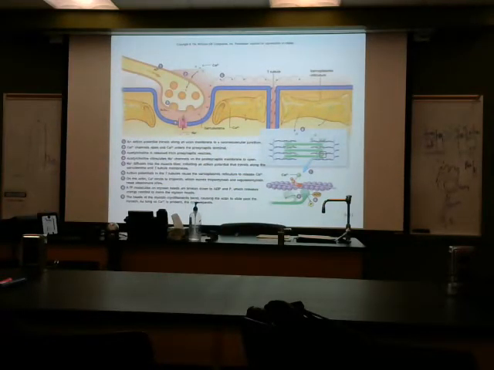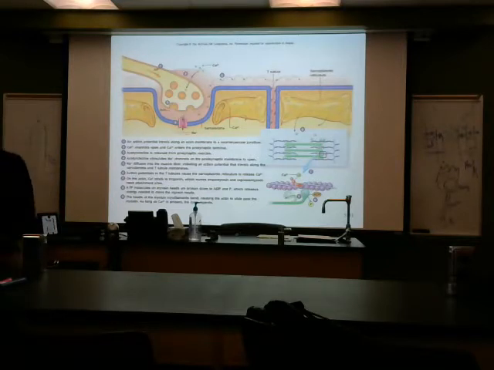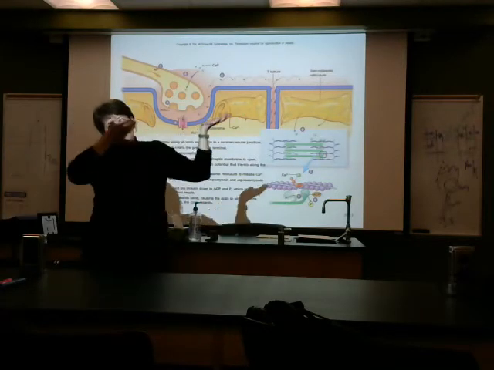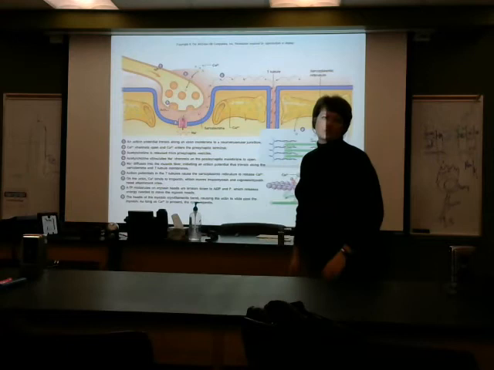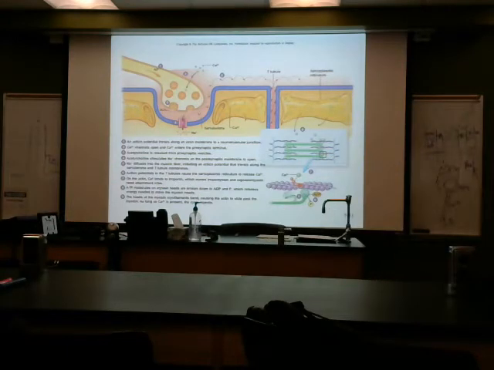And ta-da, you have muscle contraction. Every single time you want a muscle to move, this is the process that is going to be taking place. Is that not pretty cool?